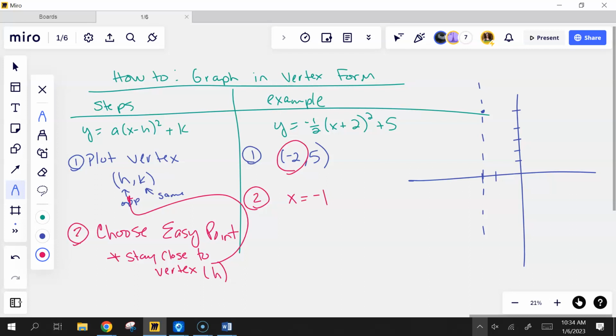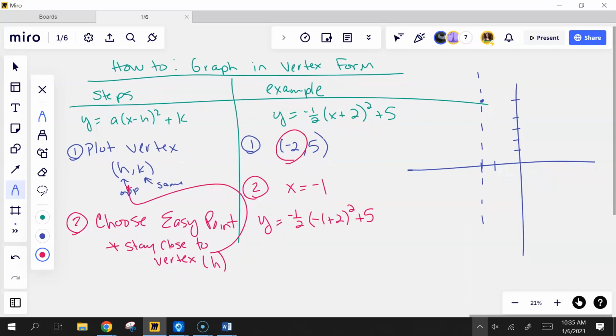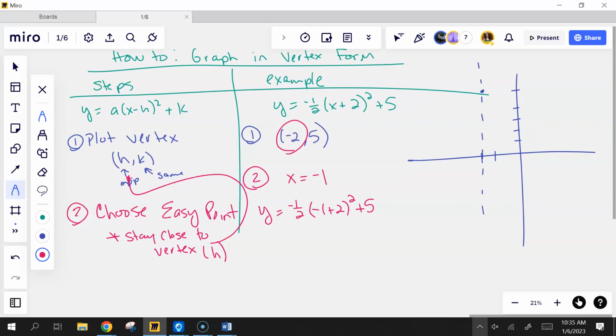Now, just like before, when I have an x and I need a y, what do I do? I plug it in. That's exactly right. So y equals negative 1/2 times (negative 1 plus 2) squared plus 5. Order of operations: parentheses first, then exponents, then multiply. Negative 1 plus 2 is 1. 1 squared is 1.